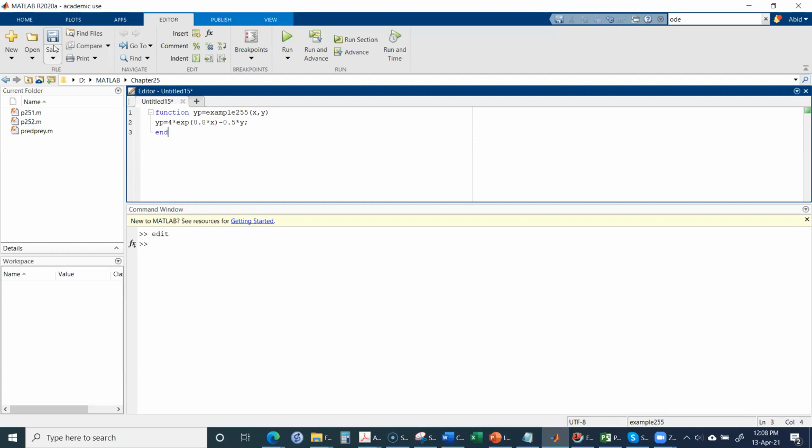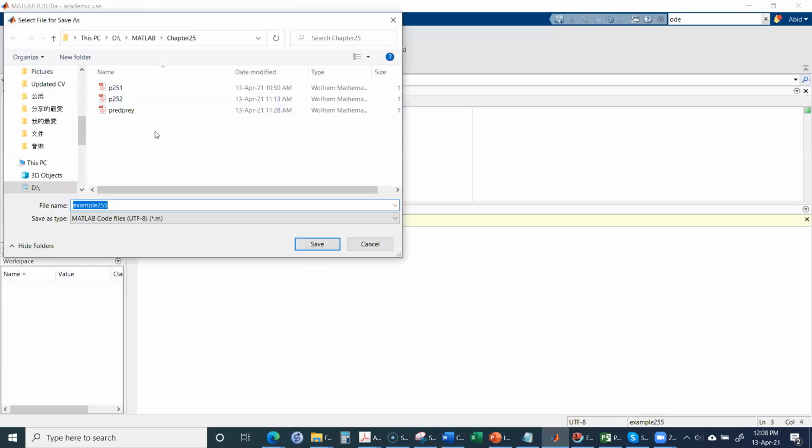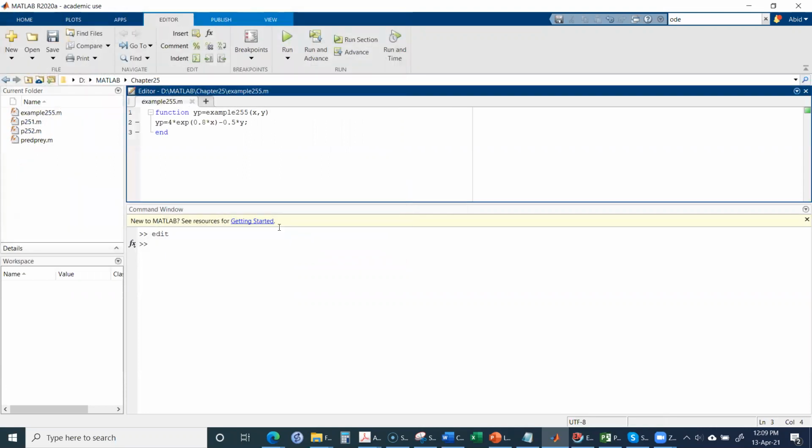After that, you will save it. Since it is a function, it should be saved with the name of the function which we have already defined, so it will be saved as example 255. So this is one step.